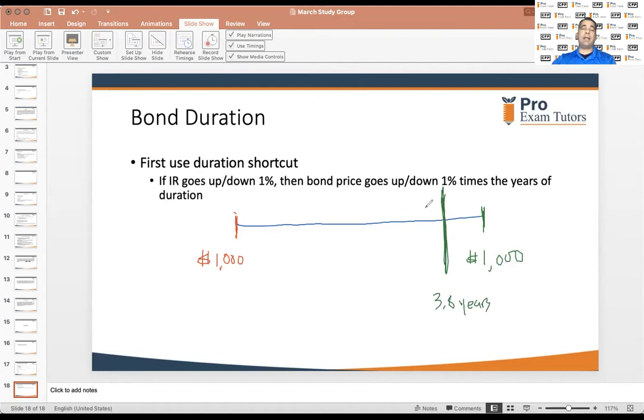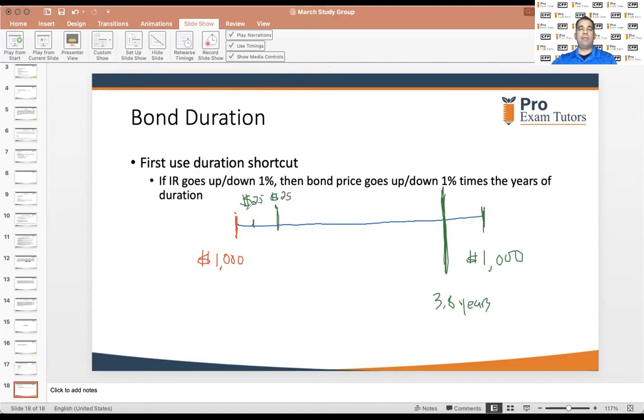On a time-weighted basis, I'm actually getting my money back before 5 years. Why is that? Because as soon as I dish out that $1,000, 6 months from now, let's just say it's paying a 5% coupon, I'm going to get $25 6 months in.